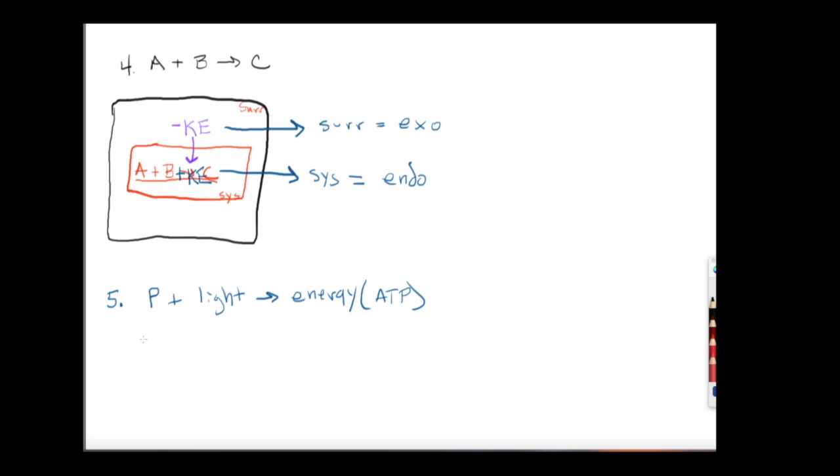Okay, so again, what I'm going to do is draw our boxes, all right? And we're going to have our surroundings, all right? And then we're going to have our system on the inside of that.